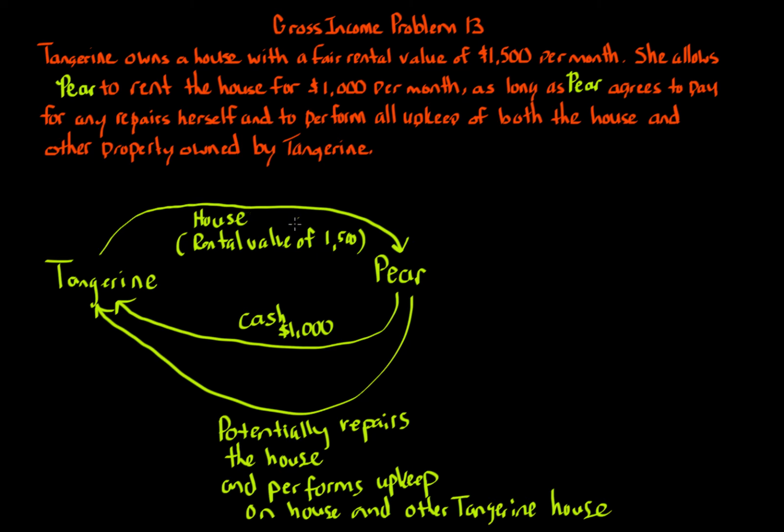So we have a $1,500 house, $1,000 cash paid, and then this other item, potential services and actual services being performed by Pear.